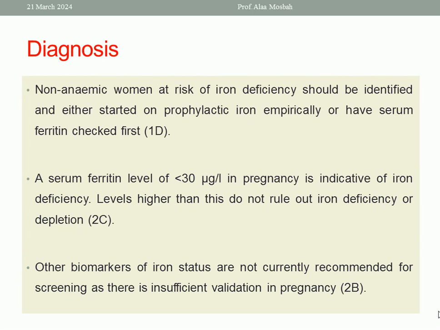Other biomarkers of iron status are not currently recommended for screening as there is insufficient validation in pregnancy. There are other biomarkers and research is running about them, but up to now there is no recommendation to use them as a test during pregnancy.